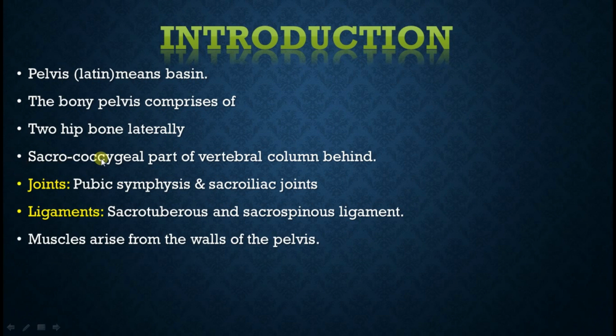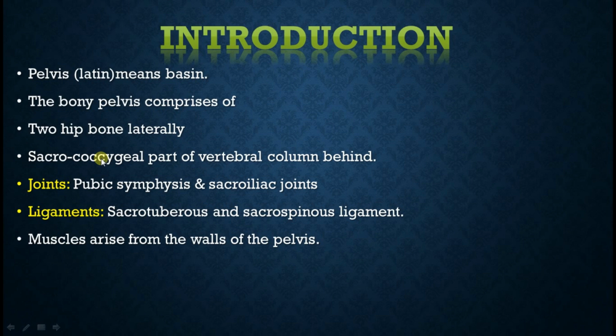From the walls, laterally, anteriorly and posteriorly, muscles arise and form the lateral wall of the pelvis. The muscles arising from the lateral wall also sweep downwards and close the pelvis from below, forming the pelvic diaphragm.